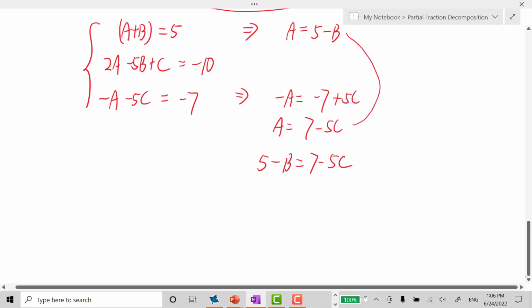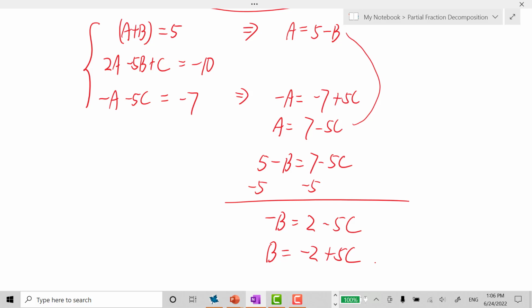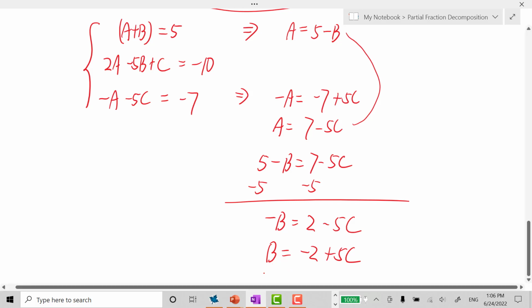So then we solve for b. Okay, so minus 5 from both sides of the equation. So that negative b equals 2 minus 5c. And so b equals negative 2 plus 5c. Now, we haven't touched the second equation. So we're going to plug this into the second equation here.